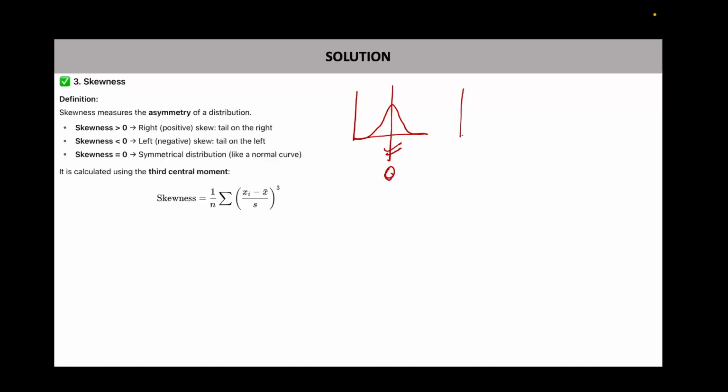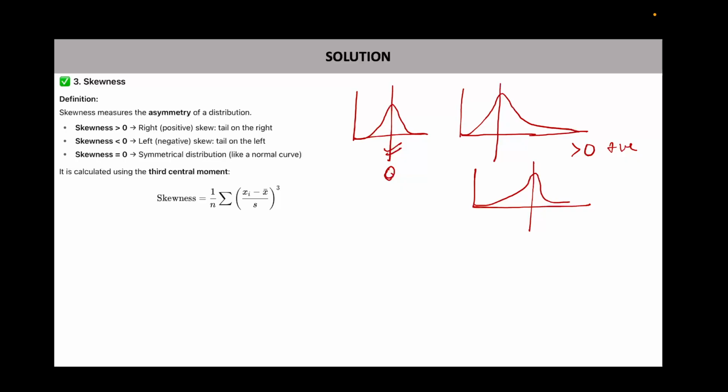Now if you have data for which the tail is more on the right side, so this is your center point and then it is going like this, this kind of data shows skewness more than 0 and it will be positively skewed data. Similarly, if you go for a negative skew, you will have a large tail on the minus side and a small tail on the positive side.